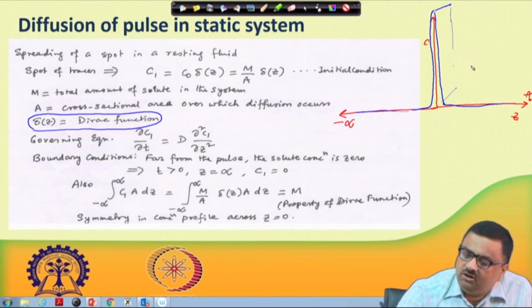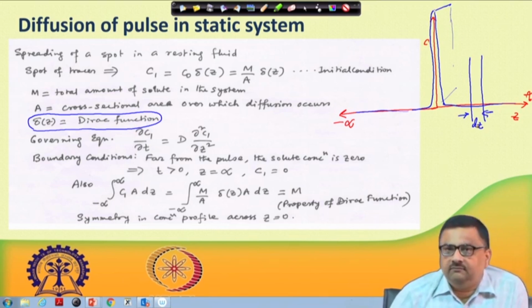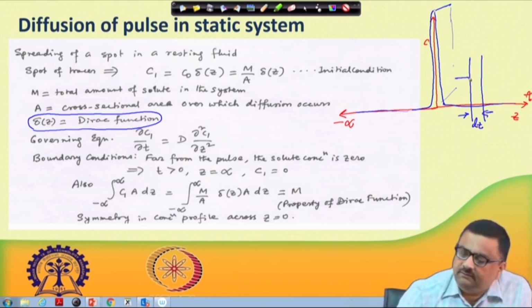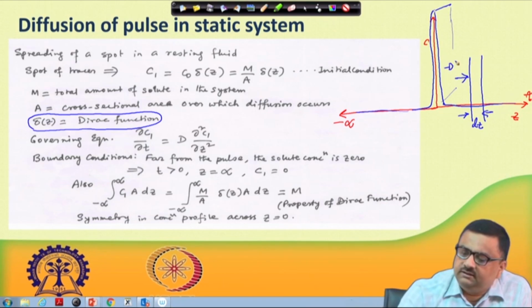So, what we did already once is that we can pick up a differential length dz and we said that the amount of flux in this direction is minus D del c del z at z, and the amount of flux that is leaving this right hand face is minus D del c del z at z plus, actually let us call this delta z, not dz.